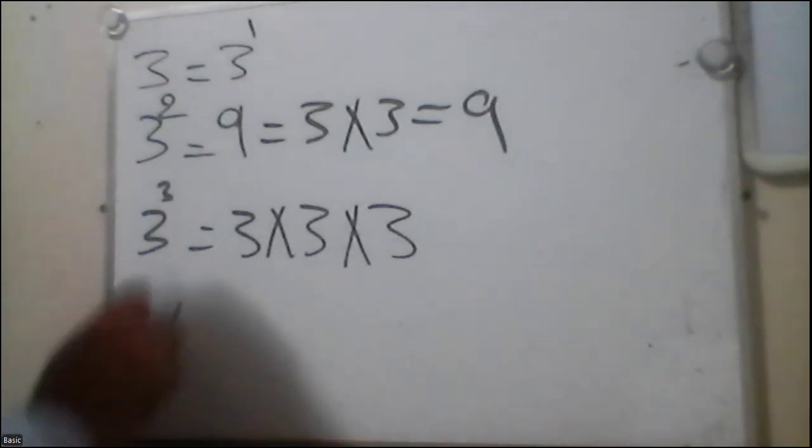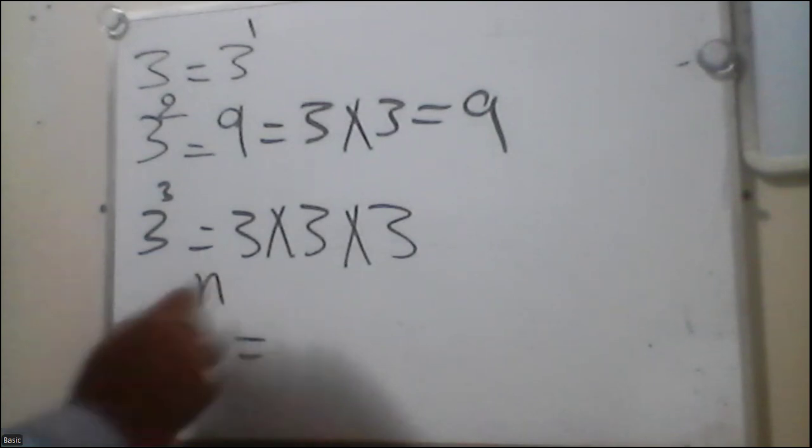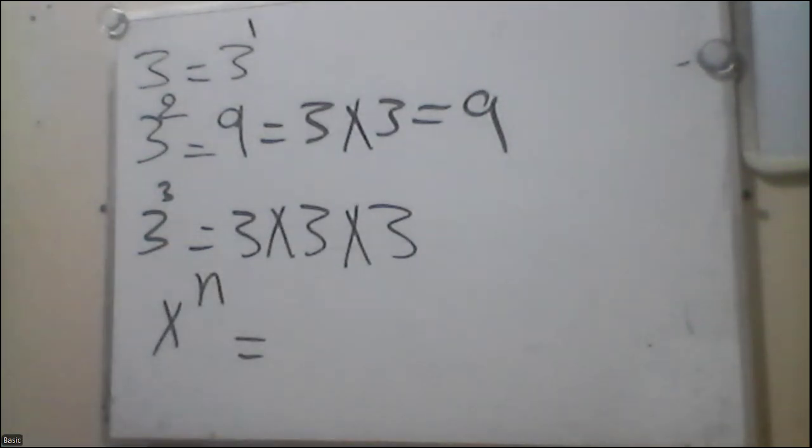So x power n means that x is multiplied by itself n times. This is the meaning of the power.